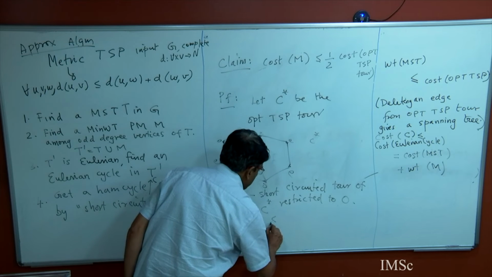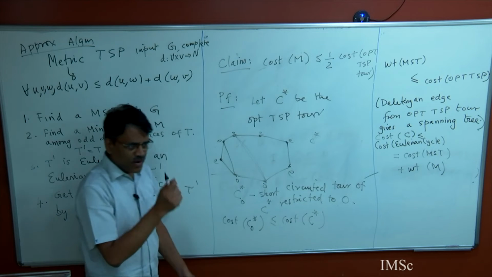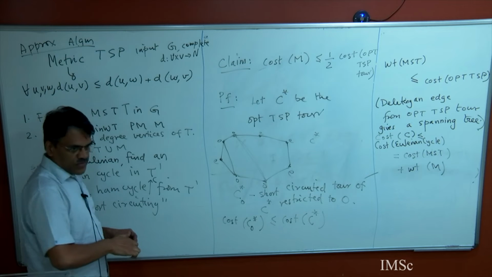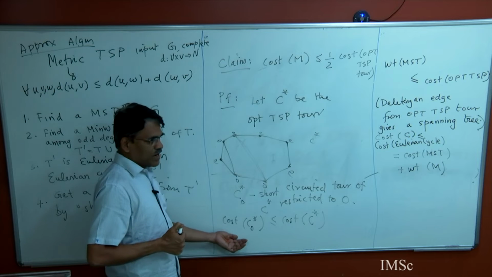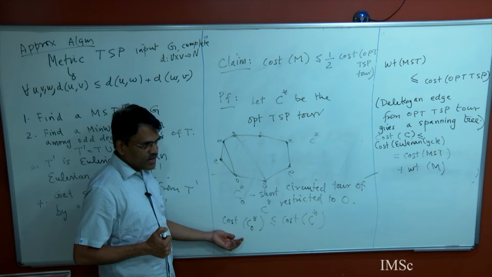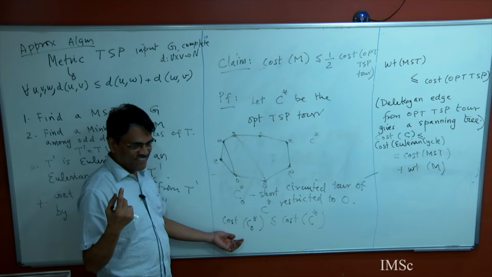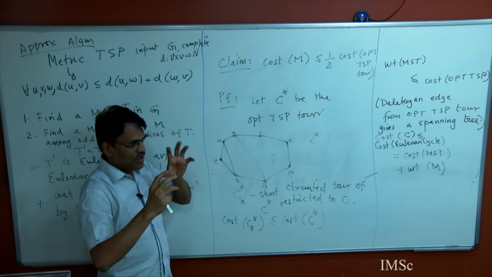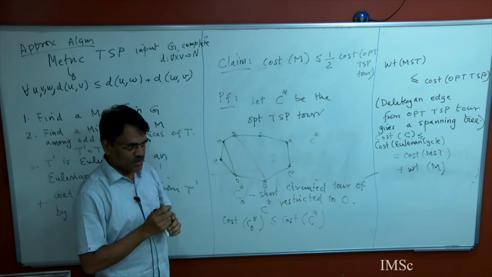What can you say about the cost of C star O? This is less than or equal to the cost of C star. Same short circuiting argument, metric TSP, right. Now, C star O contains all the odd degree vertices. It is a cycle. It is a sum of two matchings, right. Just pick the alternate edges of this, that would be one matching, and take the other alternate edges, that will be another matching.